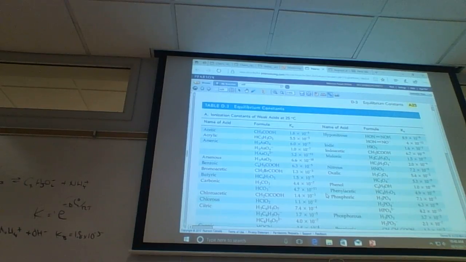So what is the Ka? The Ka is acetic acid plus water, which gives us hydronium and acetate. Again, just by coincidence, it happens to be the same to 2 sig figs.